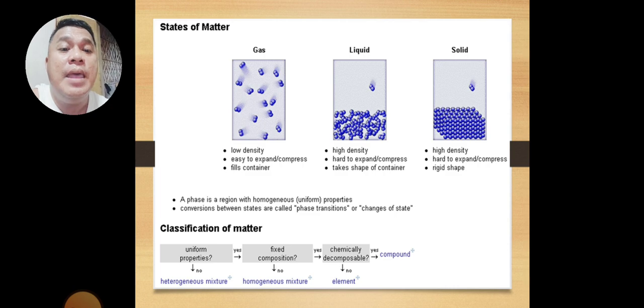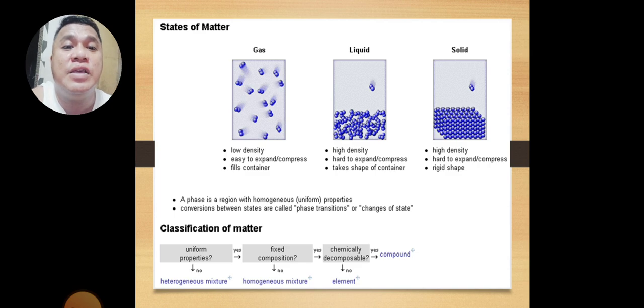And of course, in mixtures, we have two types: homogeneous and heterogeneous. A heterogeneous mixture has properties that are not uniform, meaning the phases of matter are not uniform.